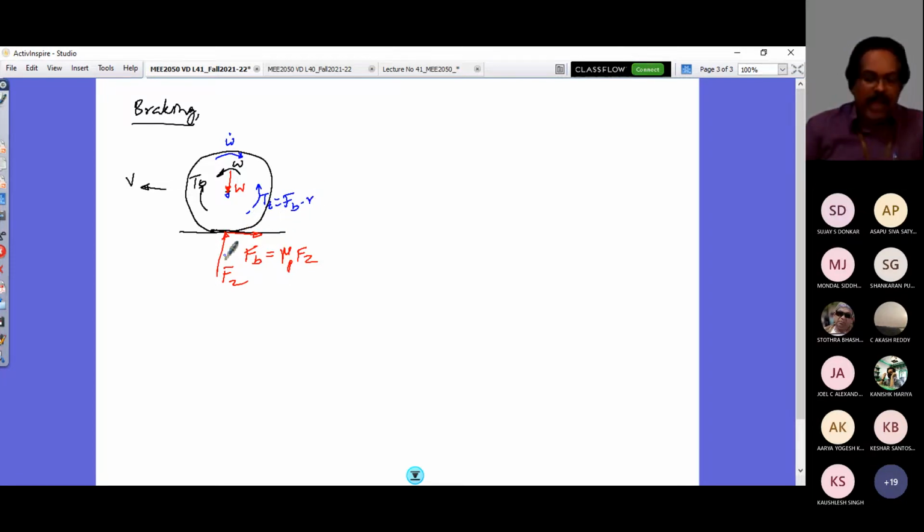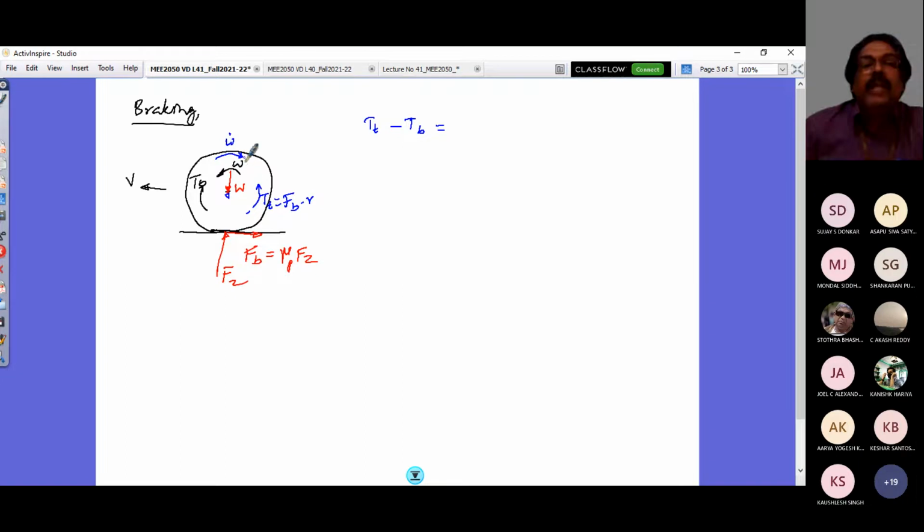Now if I take my free body diagram and take moment about the center of the wheel, what equation will I have? Taking moment about this center point, with counterclockwise moment positive, this torque Tt minus Tb is what is going to be.